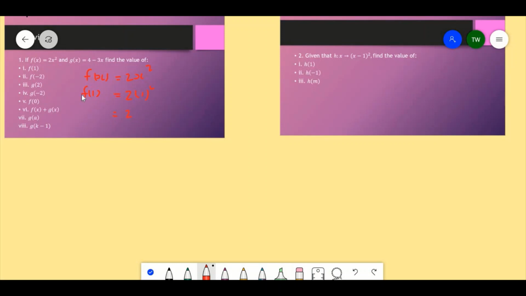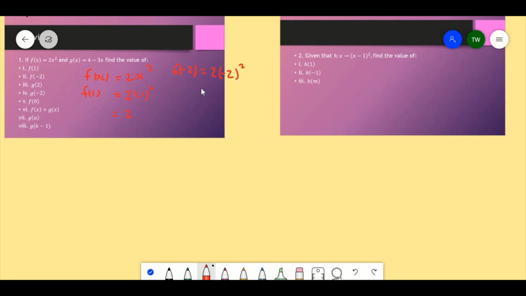We're also asked to find f of negative 2. So we know that f of negative 2 is going to equal 2, open bracket. We are going to replace x with negative 2, so it's going to be negative 2 all squared.